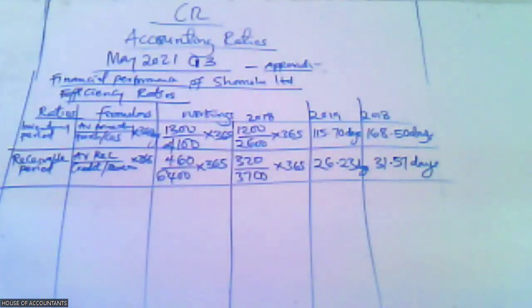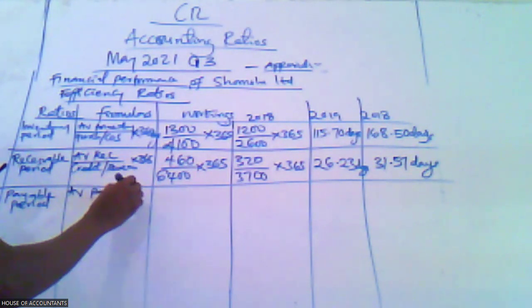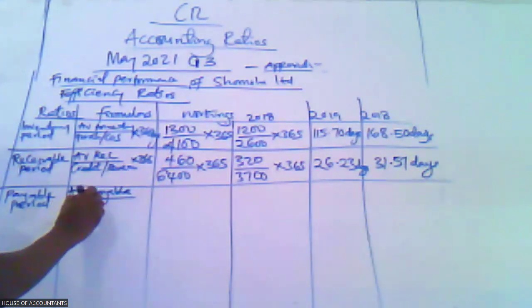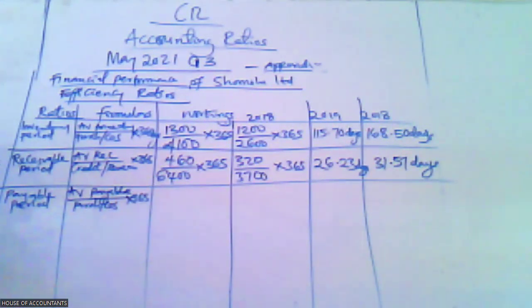5 days. Okay, so the next one is payable days. We can as well call it payable pay time. So this one is average payable over purchases or cost of sales multiplied by 365 days. We can't get the average payable, but we can get the closing payable.